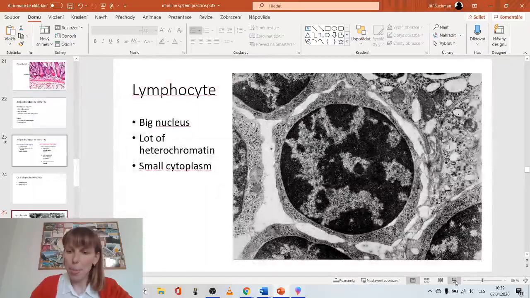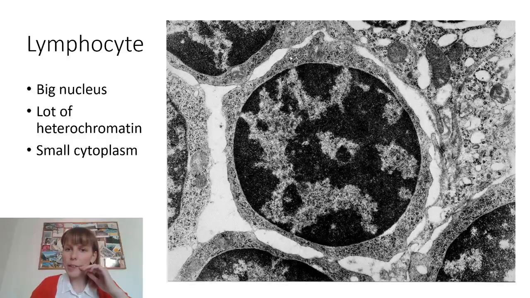So the lymphocyte, this picture is quite straightforward. There's not much to talk about. So this is the specific morphology of all lymphocytes. You cannot tell under electron microscope or under light microscope if it's T or B lymphocyte.